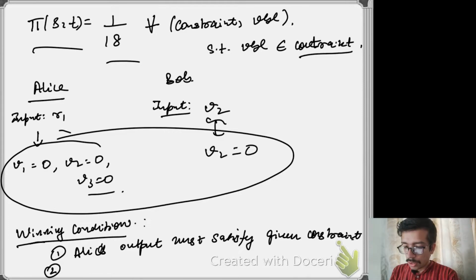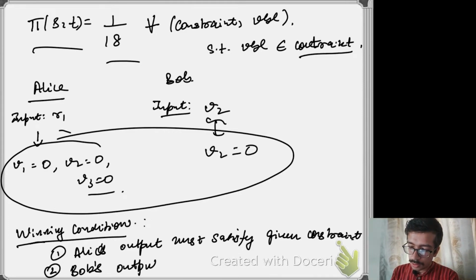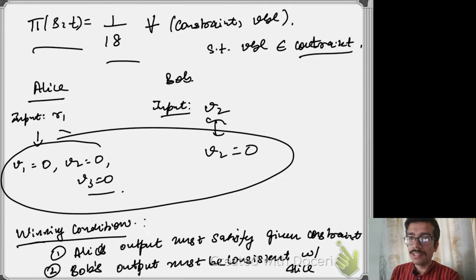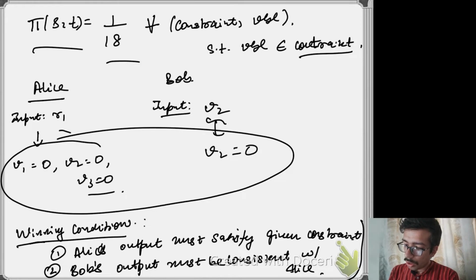Secondly, Bob's output must be consistent with Alice on the same variable.